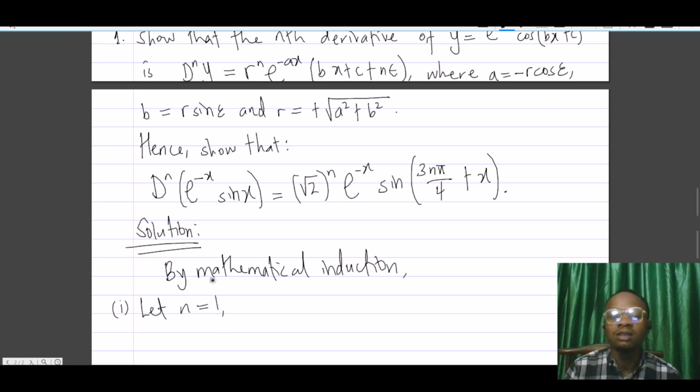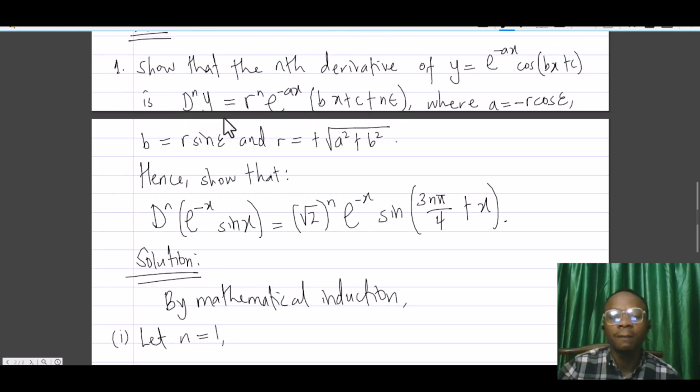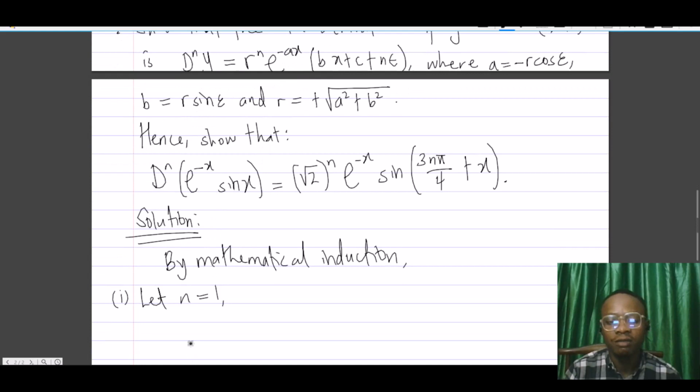If that is the case, by this formula above, the first derivative of y will be equal to, when we set n equal to 1 over here, r to the power of 1 multiplied by e to the power of minus ax, then multiplied by cos of (bx plus c plus n epsilon).